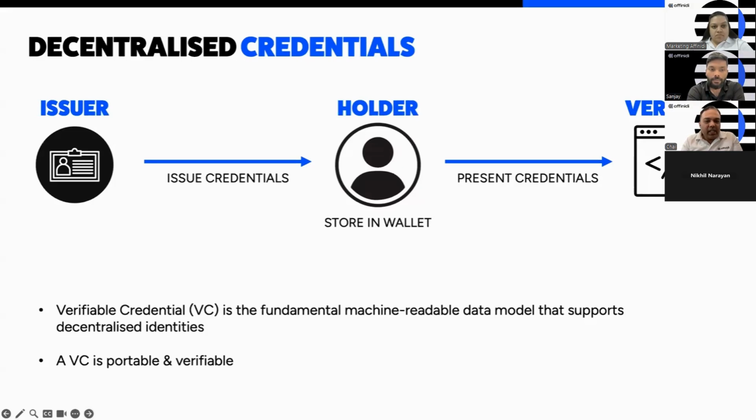Let's understand this with a driver's license. When you visit a car rental company, you would be asked to present a license. The license is issued by the government, held by you in your wallet, and finally presented to the car rental company. That's the whole flow of a credential, right?